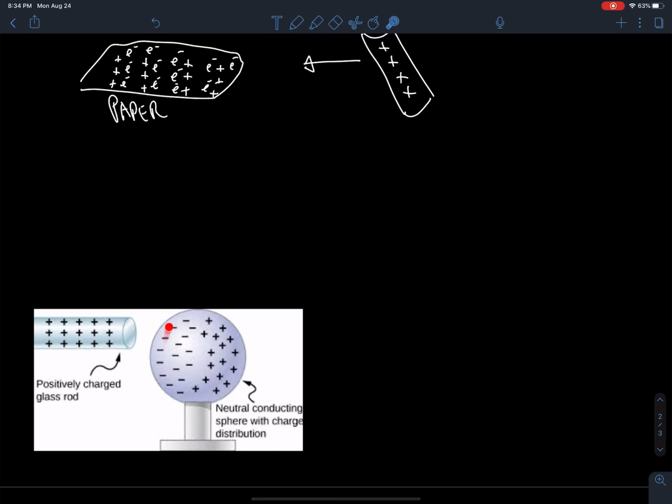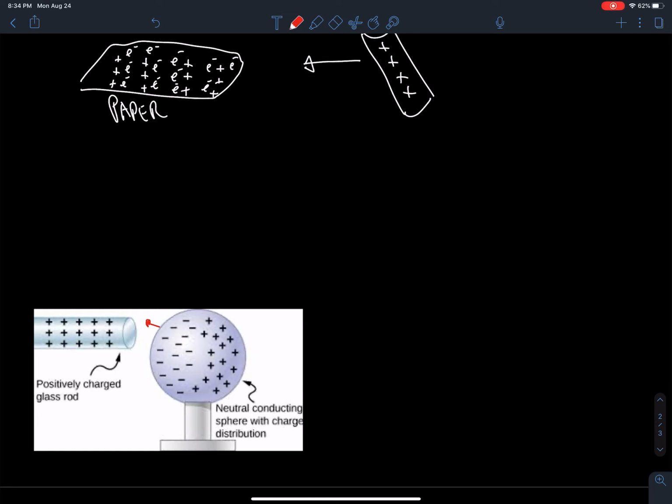So this side of that material is going to become negatively charged, while that side becomes positively charged. And that side of the material now is going to attract. You'll see that as we get close, it's going to attract. And in this case, you might get a zap because those electrons are going to hop to the rod.